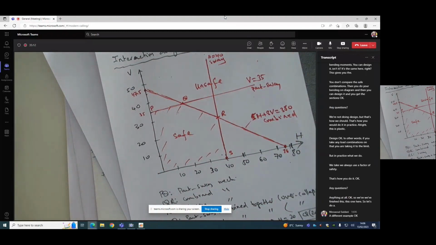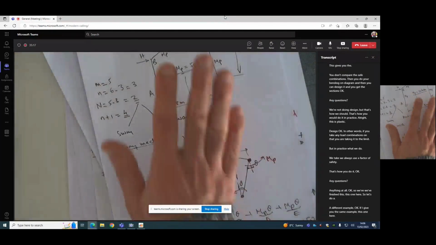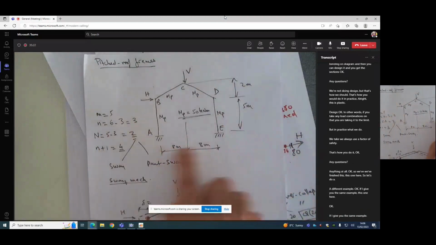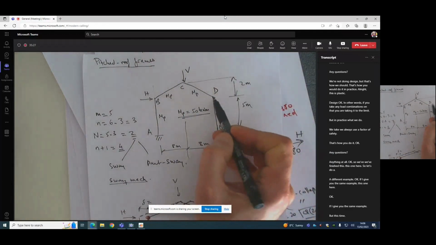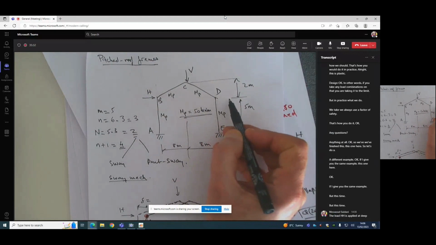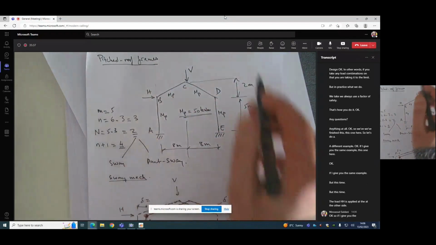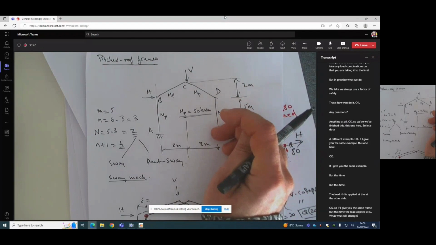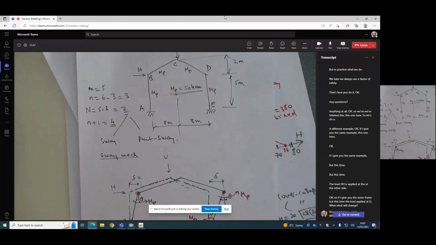If I give you the same example, the same frame, but this time the load H is applied at D, at the other side, what will change?